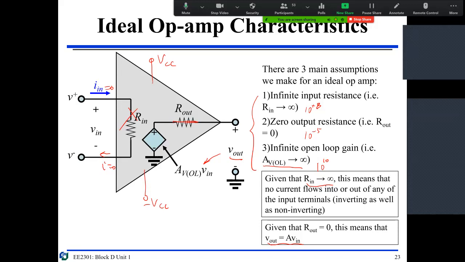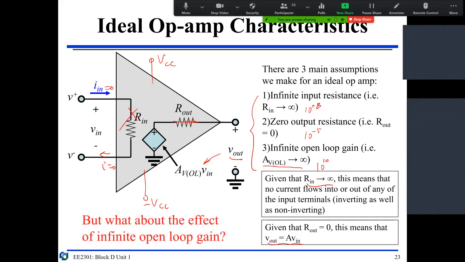This is called open loop configuration. Infinite open loop gain. So in other words, if you have anything non-zero here, non-zero here, you will immediately, because A is infinity, make this voltage hit the maximum or minimum. Okay.